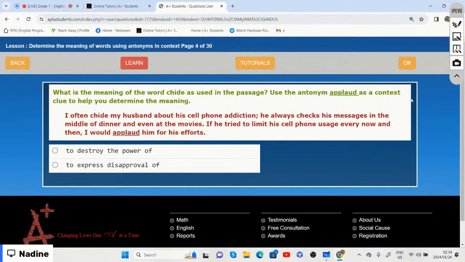"I often chide my husband about his cell phone addiction. He always checks his messages in the middle of dinner and even at the movies. If he tried to limit his cell phone usage every now and then, I would applaud him for his efforts."